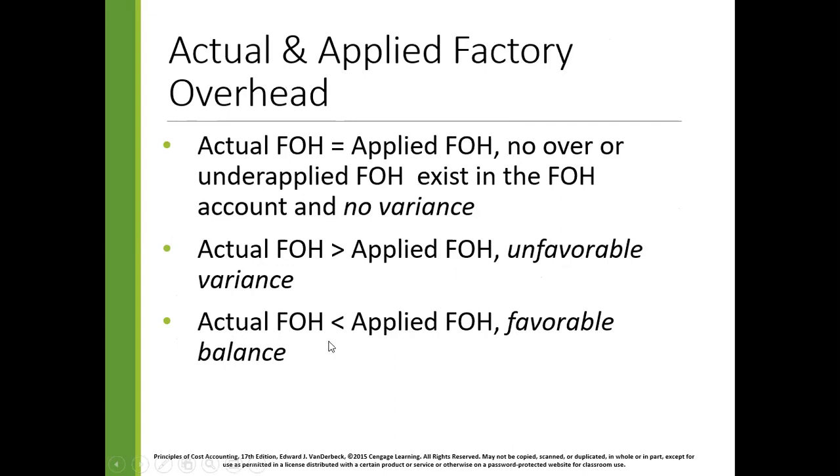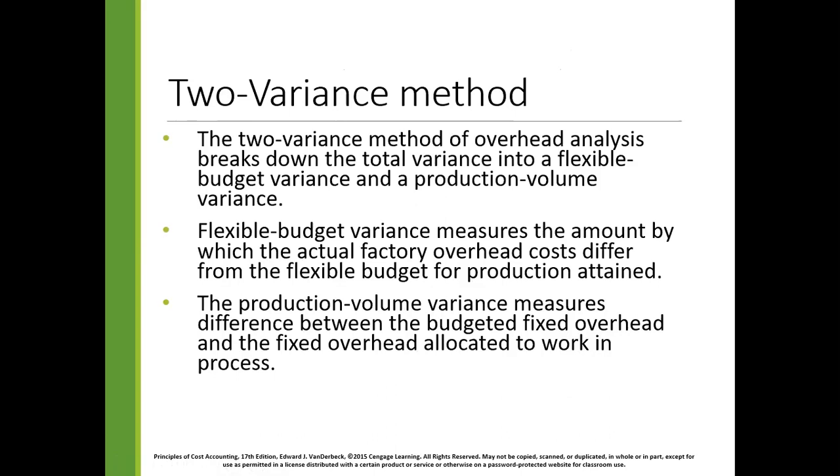If actual overhead is less than applied overhead, we have that favorable variance. And so the two variance method, which is used most often, like your book tells us, the two variance method of overhead analysis breaks down the total variance into a flexible budget variance and a production volume variance. But basically looking at the flexible budget according to what actually happened, right? Like we did in chapter 7.